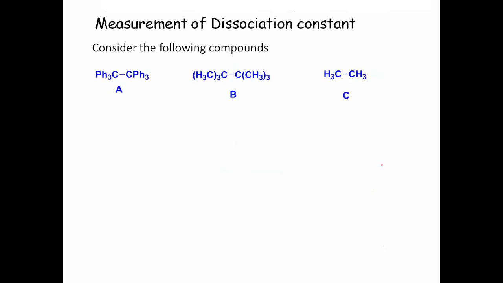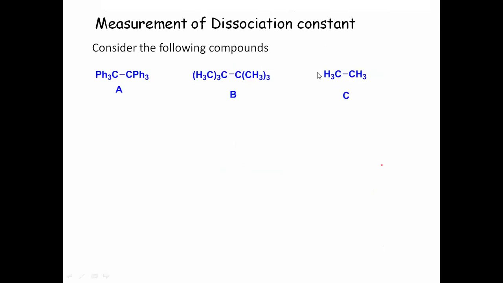Fine. So now, the next point is that, depending upon the stability of the free radical, we can measure the rate of the reaction in which dissociation takes place, therefore called the dissociation constant. See, before you there are three examples. Three compounds are given. Look at C first of all.